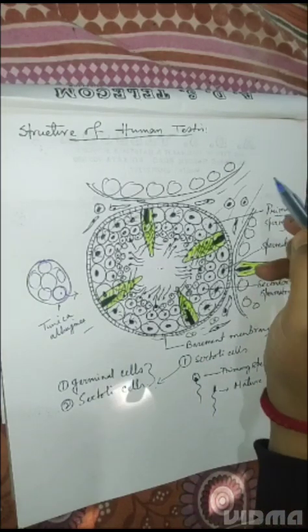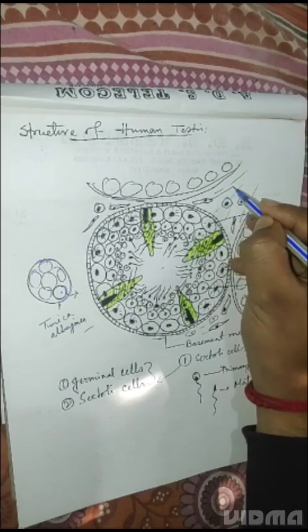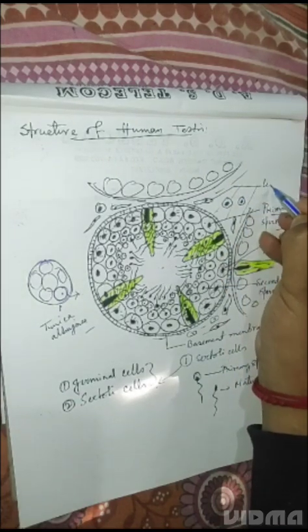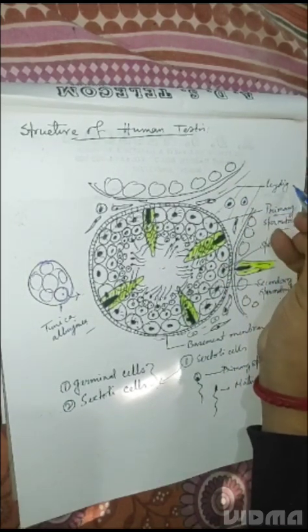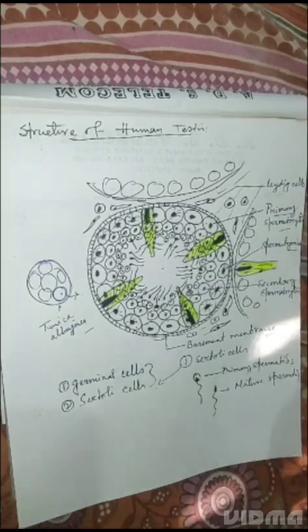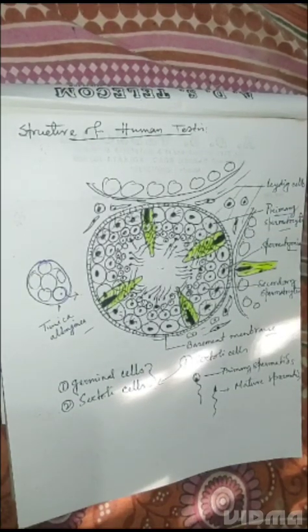Oh yes, a very important part, these are called Leydig cells. Okay, these are called Leydig cells, which you can say is the endocrine part of the testis.